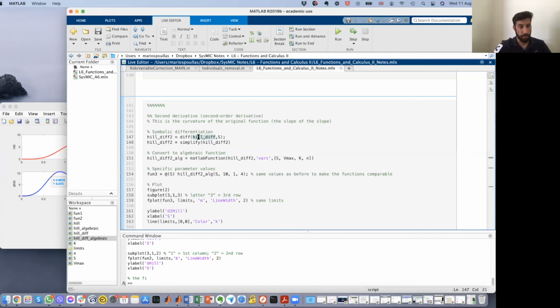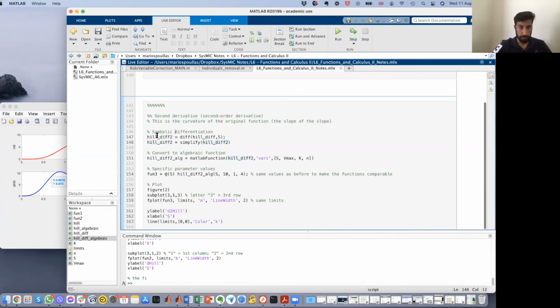So we are differentiating the first order derivative, and we end up with the second order derivative. And this is the symbolic differentiation.